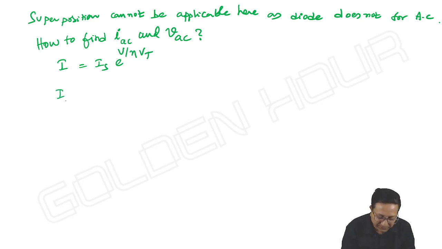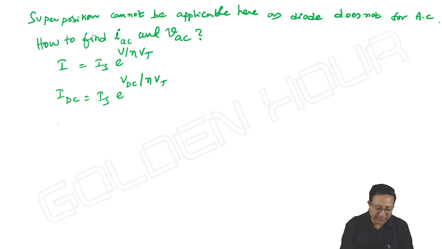If the current is DC, the corresponding voltage is also DC. Whereas if the current is a combination of DC and AC, the corresponding voltage is also a combination of DC and AC.